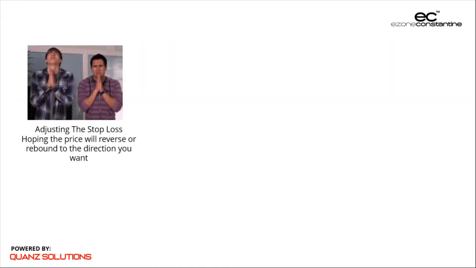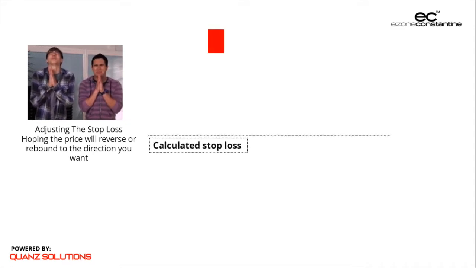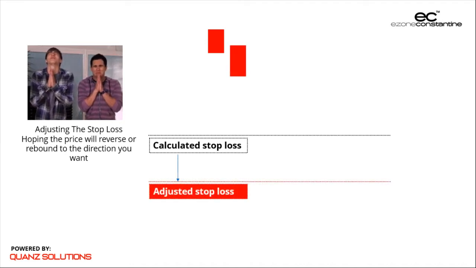Next one. Adjusting the stop loss because you're hoping the price will reverse or rebound in the direction that you want. For example, you already put your calculated stop loss here, and you're thinking the market might rebound, so you adjust your stop loss slightly lower. Oh, come on, it's going to rebound, and the market goes up a little bit.